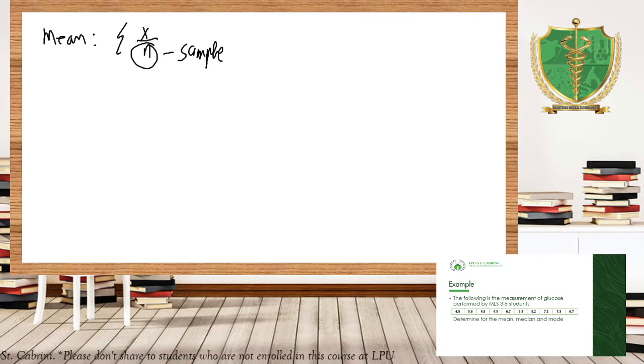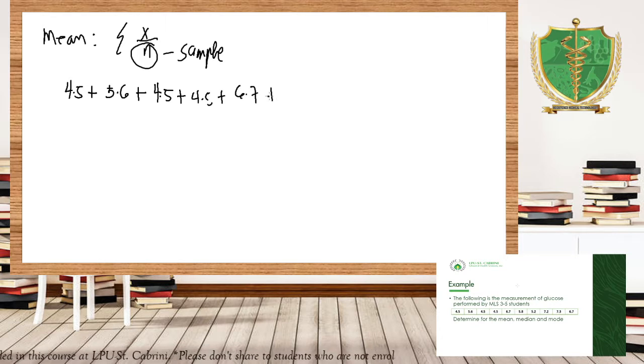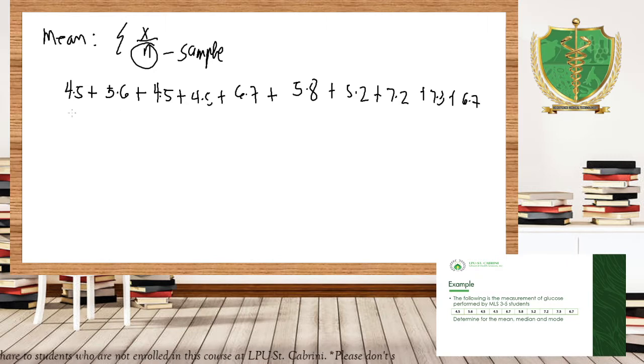The mean will be 4.5 plus 5.6 plus 4.5 plus 4.5 plus 6.7 plus 5.8 plus 5.2 plus 7.2 plus 7.3 plus 6.7, divided by 10.